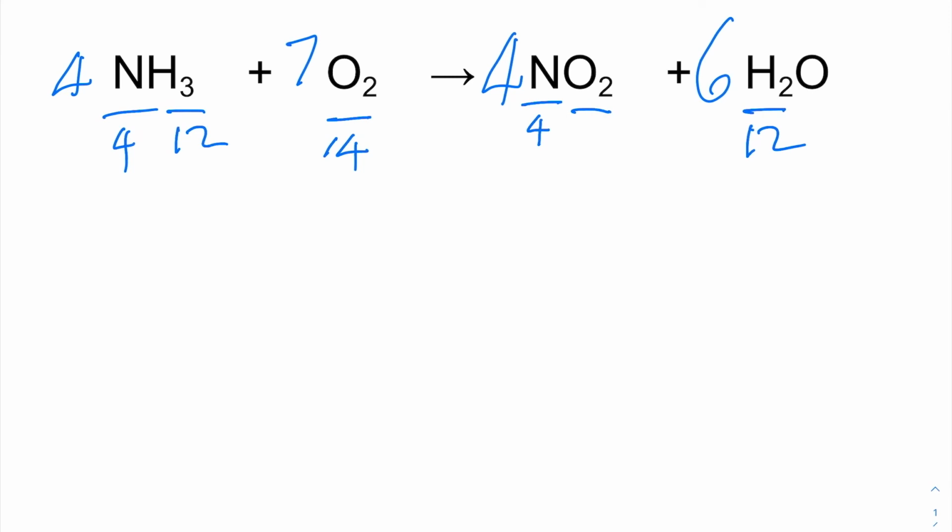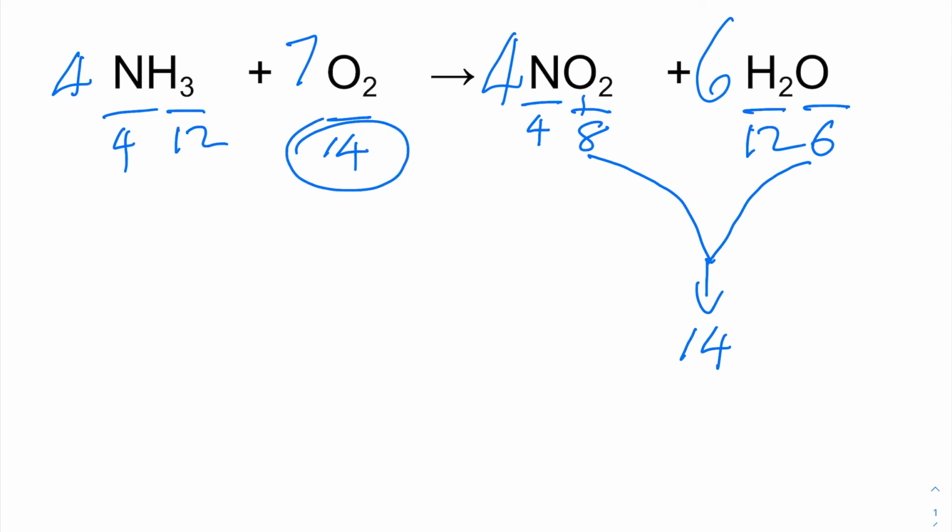On the right hand side I've got 4 times 2, 8. But I've also got some oxygens here. I've got oxygens in 2 places. I've got 6. So the 6 and the 8 gives me the 14, which is the same as the oxygens on the left-hand side. So drawing particles can help, but there are limitations, especially when you get to very large numbers.